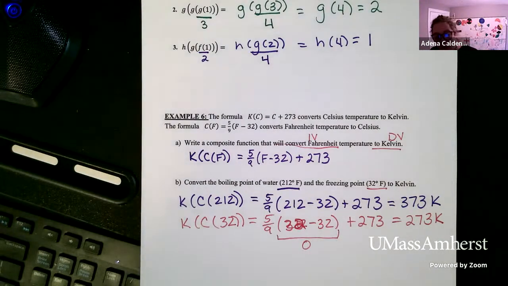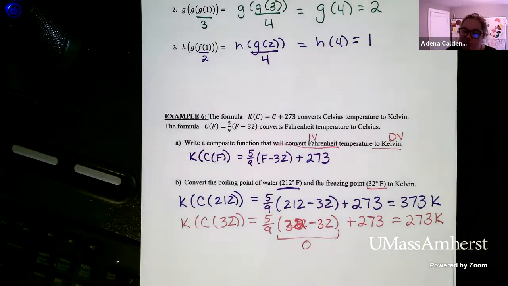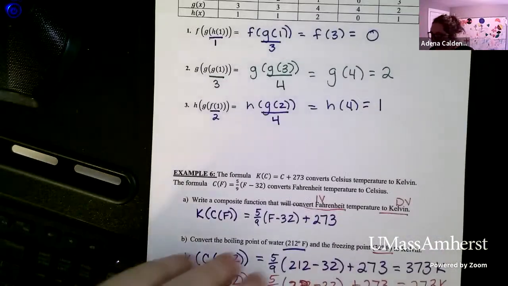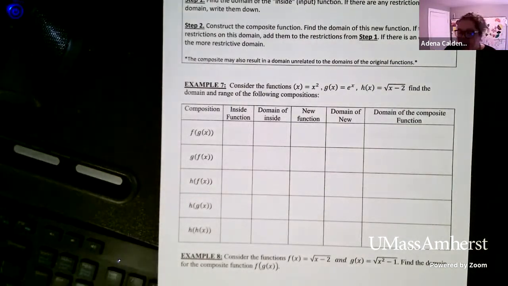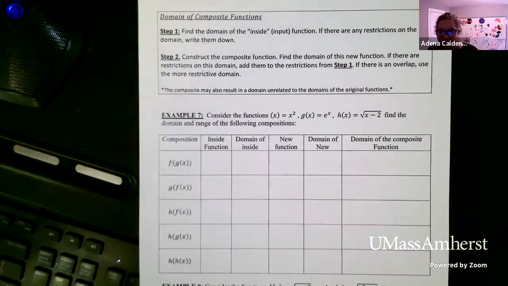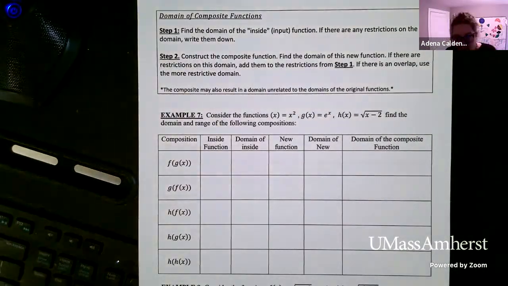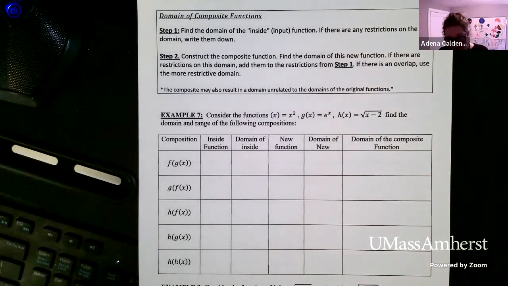Okay. So the next thing we talk about is domain. So we have these two functions and we're putting them together for some particular reason. And so that can impact the domain of the composite function. So if you are just given a function with no context, right, the domain is whatever restrictions are naturally imposed by the mathematics, right?